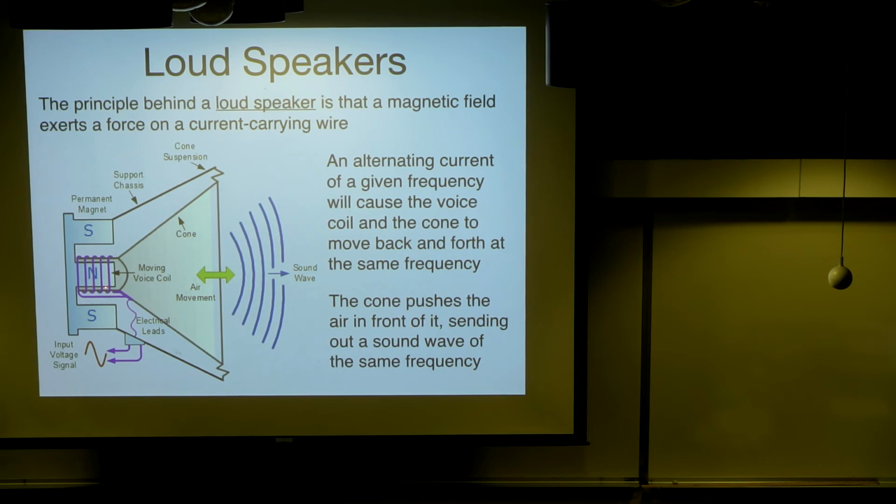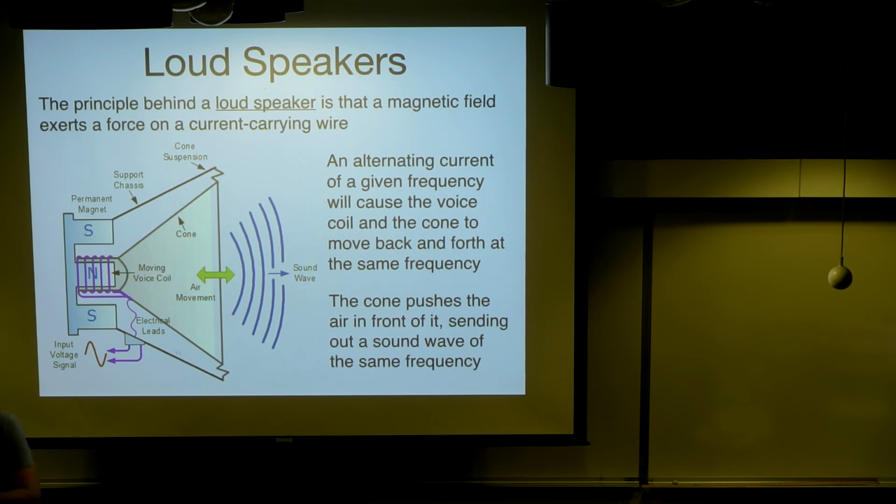All right, so we run that current through this coil. Now it starts to feel a force. And because we have alternating current, it's going to be the type of force that makes it go back and forth. It's going to make it vibrate back and forth with whatever frequency we sent into the coil.